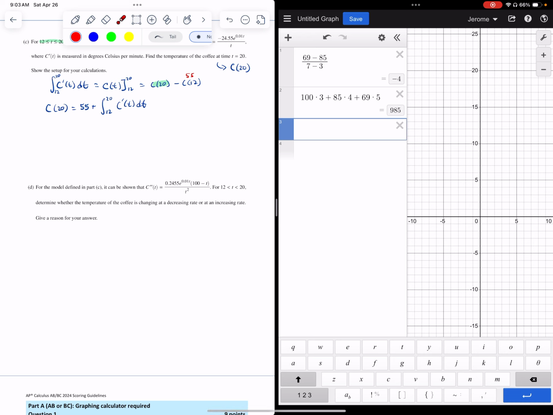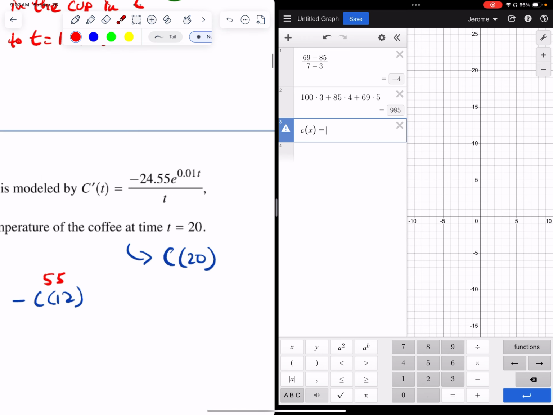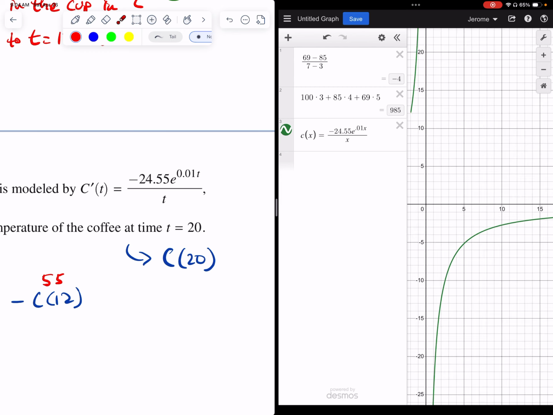So I'll use C of x is equal to, and then start off a little fraction, and I need a negative 24.55, and then e to the, and the exponent here is 0.01x over x. All right, it's this lovely hyperbola looking thing.